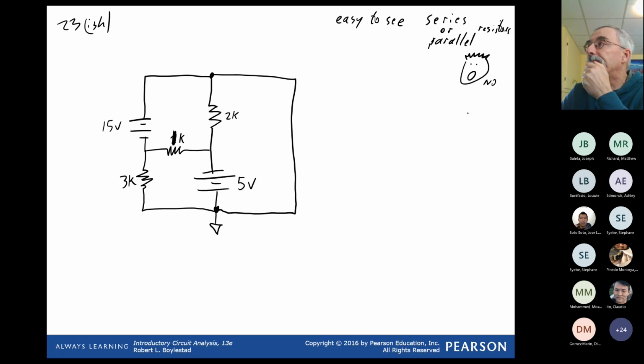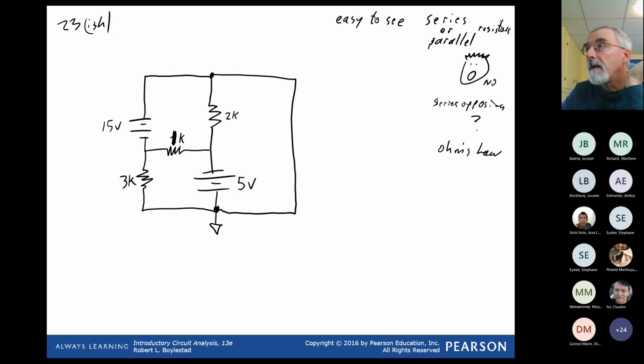No. Are there maybe series opposing or aiding batteries? Nothing obvious. Can I use Ohm's law right away?